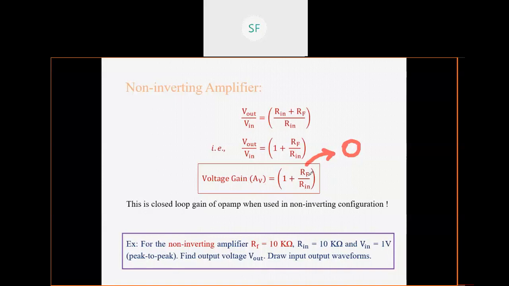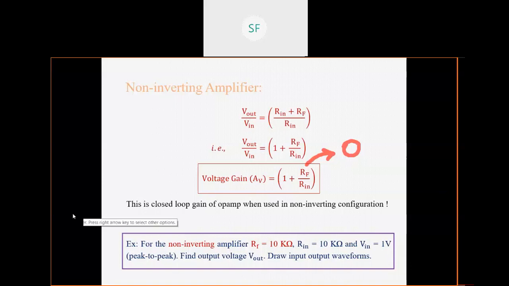So in a non-inverting amplifier, when your feedback resistor is absent, that is when its value is 0, that non-inverting amplifier will automatically become a voltage follower circuit.